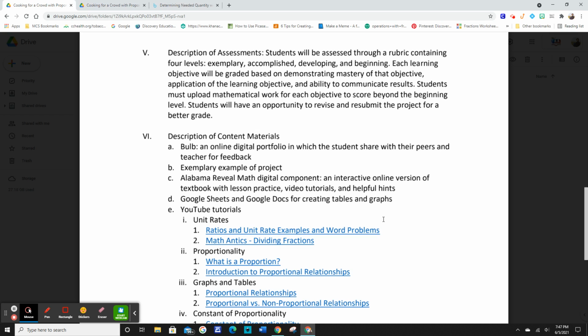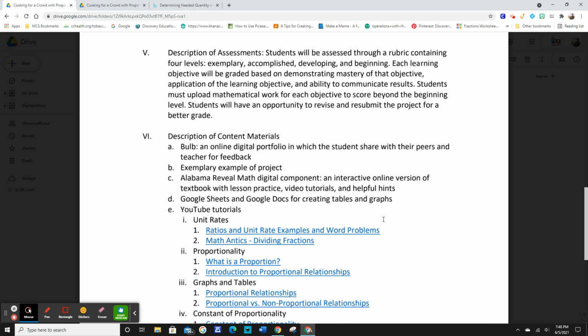It's about being able to communicate how you got that answer so that others can pick up your work and say, oh, I understand. I know how to replicate this. Students must upload mathematical work for each objective to score beyond the beginning level. So like I said, they need to have that work to show it.